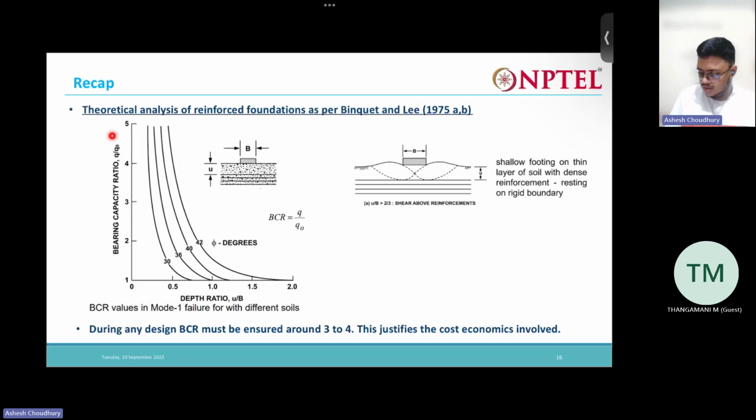Right. Also, one more thing: during any design, our target must be to ensure that the bearing capacity ratio, Q by Q naught, is generally around 3 to 4. Okay, so this justifies the cost economics that is involved in providing reinforcement and everything.